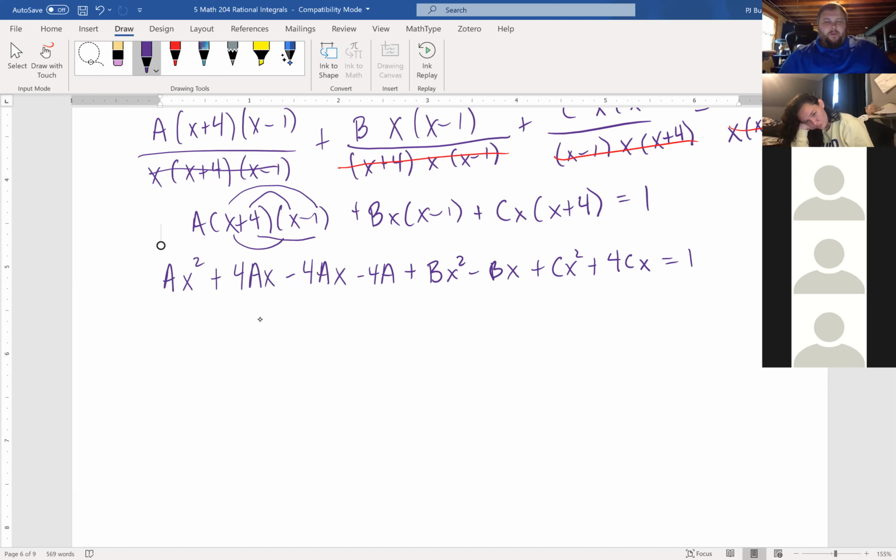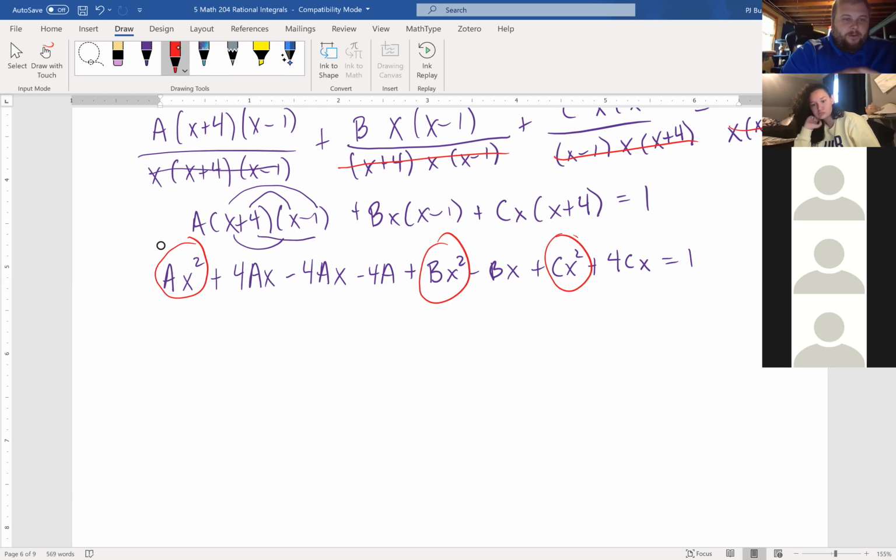I'm then going to put all of the squared terms together, all of the x terms together, and all of the constant terms together. And you guys might think I'm silly, but I typically draw shapes around terms that are the same, so I don't lose track of them.